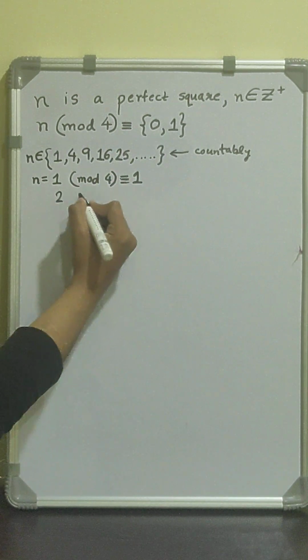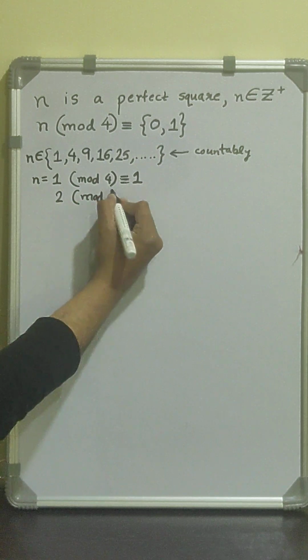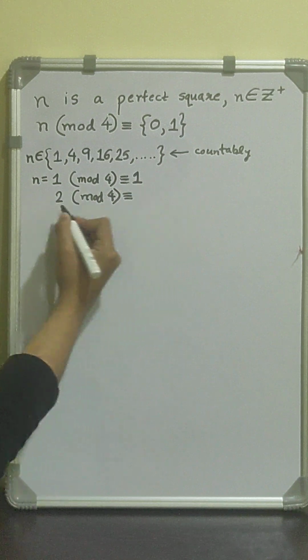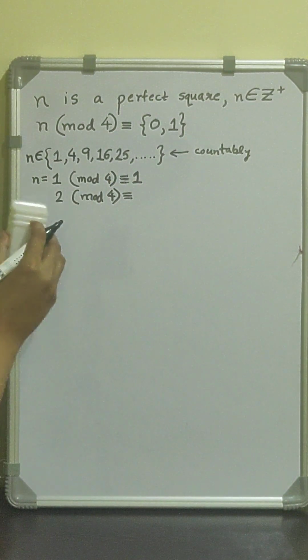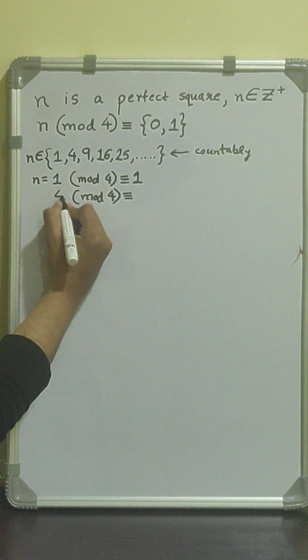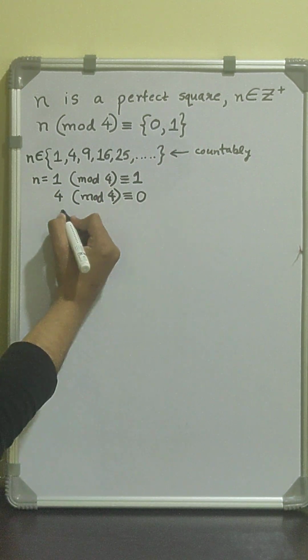So if n equals 2, then 2 mod 4 is congruent to, sorry, n cannot be 2 because n has to belong to this set. I'm dealing with perfect squares. So when n equals 4, 4 mod 4 leaves a remainder of 0.